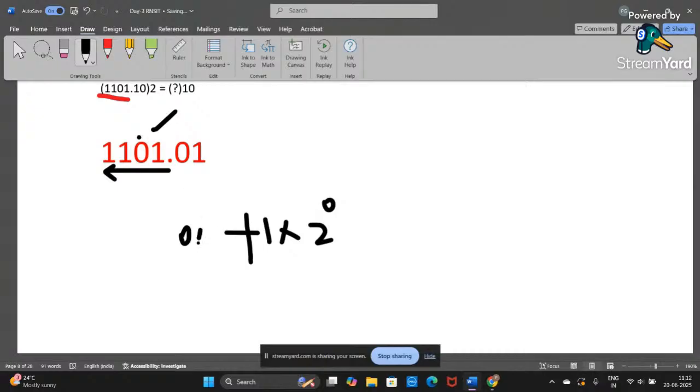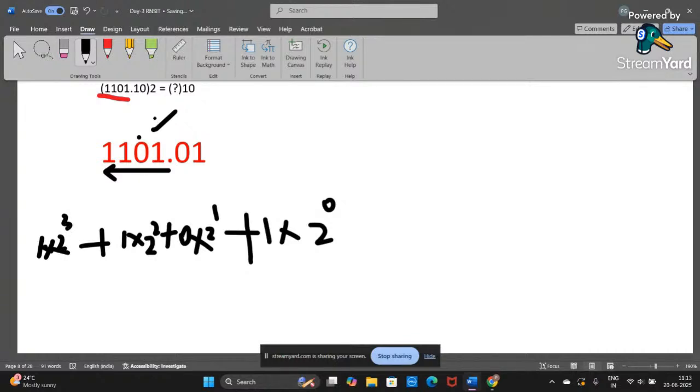So I'm taking 0 into 2 power 1 plus 1 into, the next number is 1, so I have taken 1 into 2 power 2 plus 1 into 2 power 3.